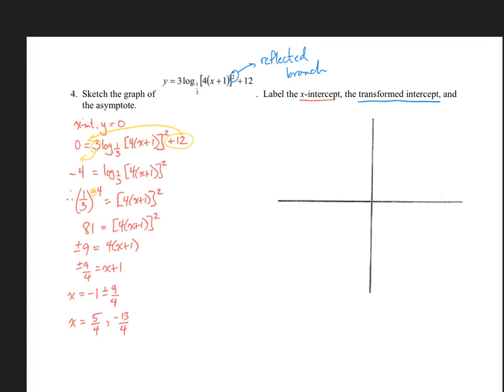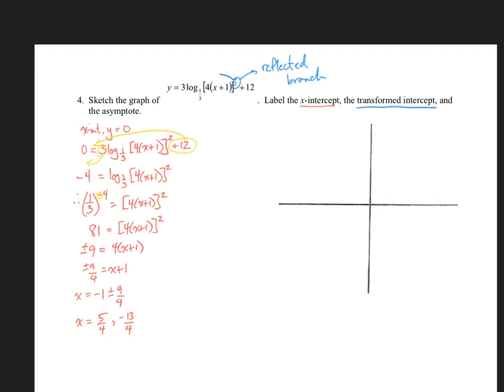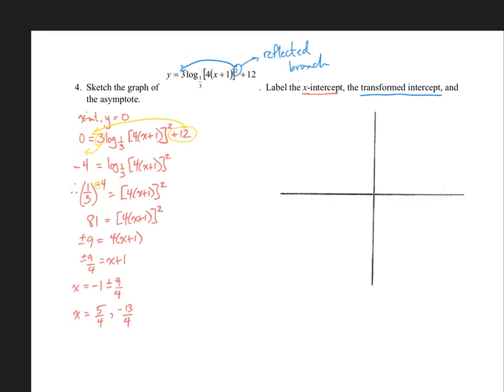Okay, for us to get the transformed intercept, we're going to have to deal with all the transformations. And so the first thing we can then deal with is, let's bring that squared out in front so that we can interpret as a stretch. So for me to deal with my transformed intercept, I'm going to have my original intercept, and now I need to transform it.